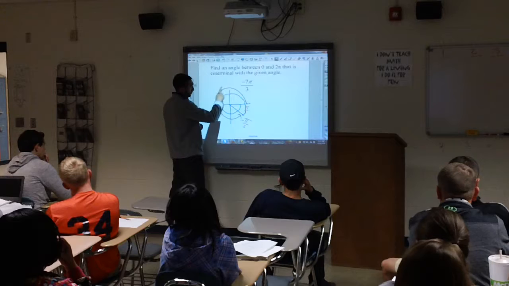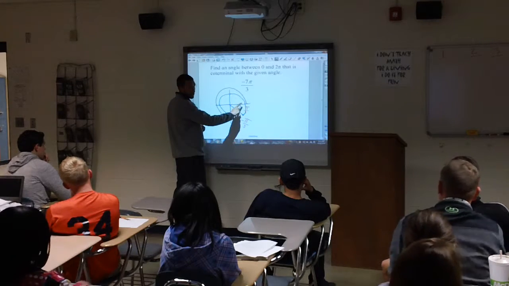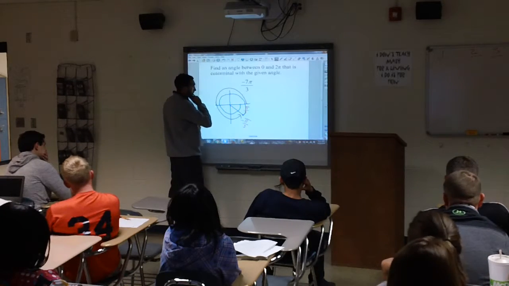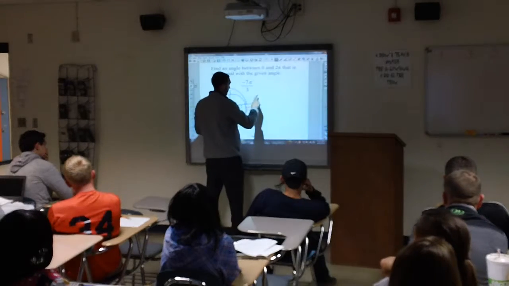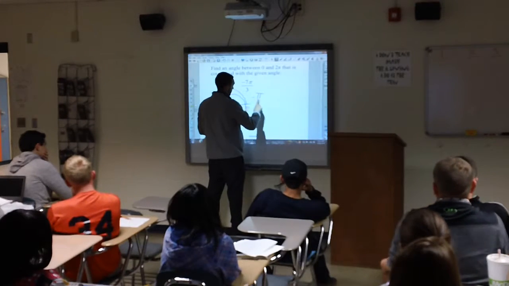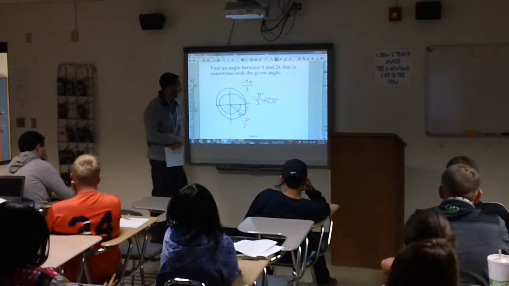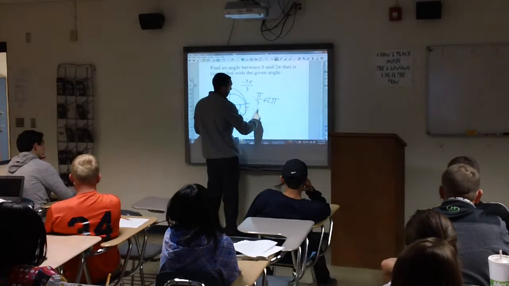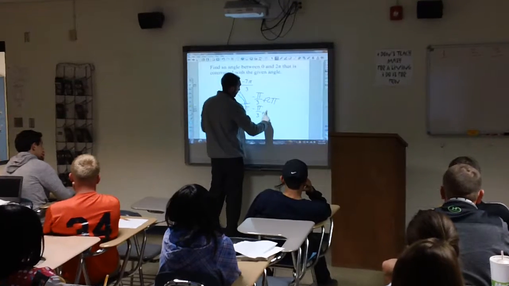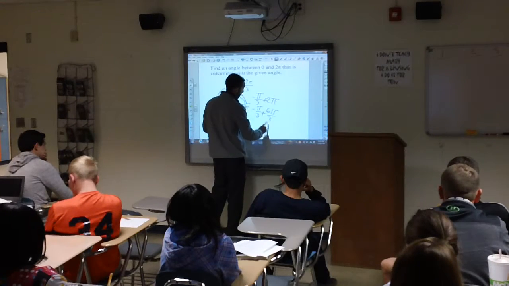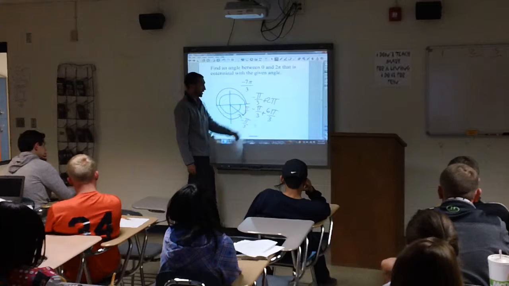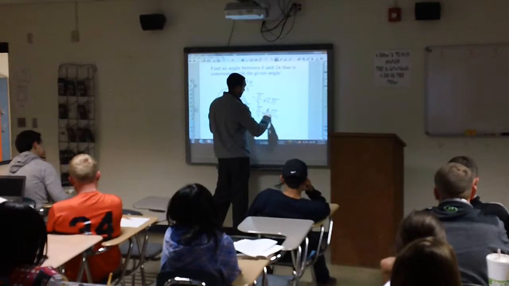Sounds good. Right, so if I went 6 pi over 3, I'd be back where I started. So you could do negative pi over 3 plus 2 pi. That's the same as negative pi over 3 plus 6 pi over 3. Right, 2 pi, 6 pi over 3.